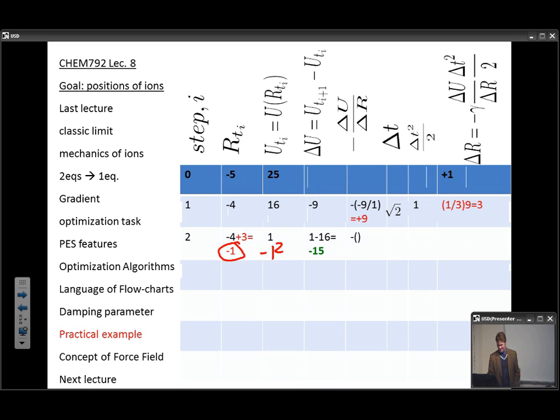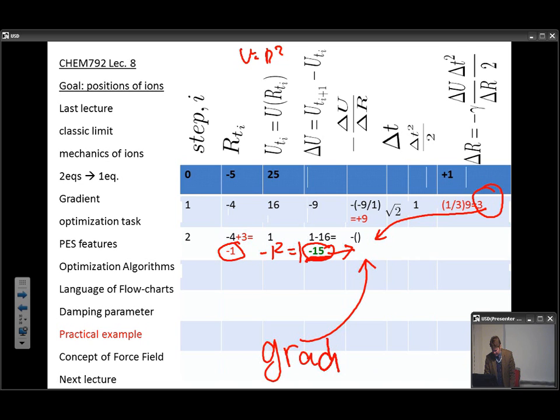-1. Then -1 squared. We just apply this formula. It will be 1. And then we apply recent minus previous. So this 1 minus -16 will be -15. And then we compute new gradient. So it will be this -15 divided by the increment of the position.